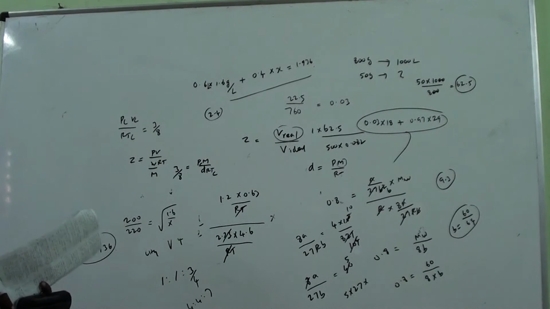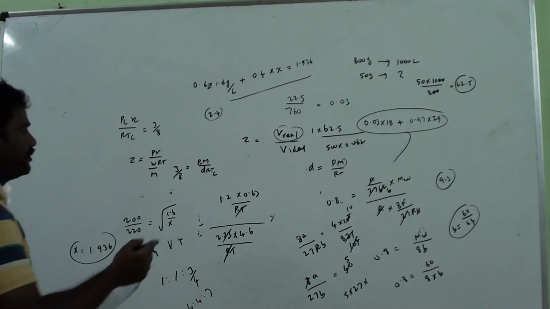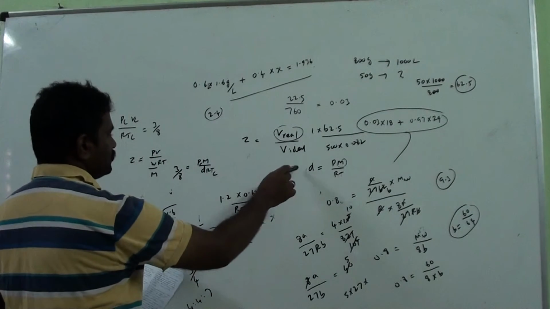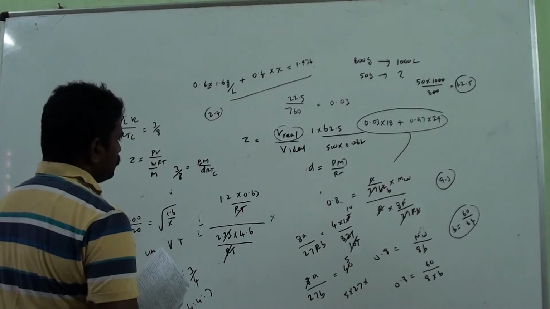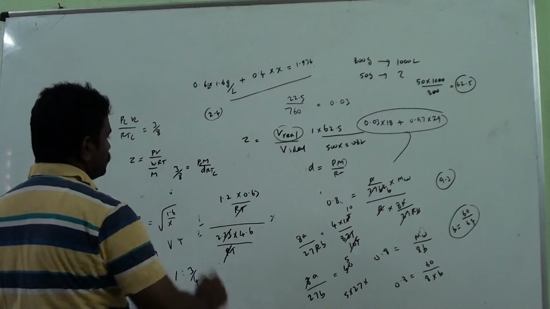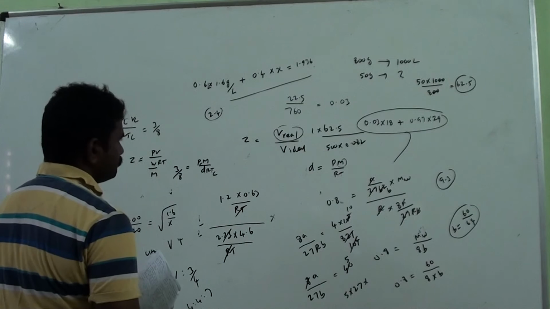சரி. ஸோ அப்போ நம்ம இதே டென்சிட்டி தான் நம்ம பண்ணியிருக்கோம். Density equal to PM by RT sir. அப்போ இங்கே density அந்த 3/8 ஓட ஈக்குவேட் பண்ணோம்னா, yes sir.